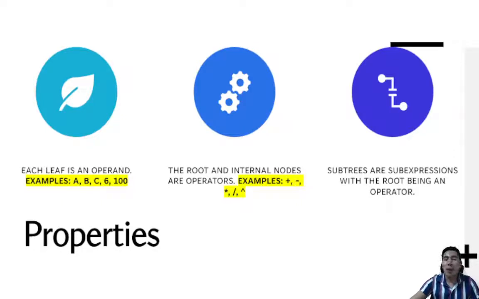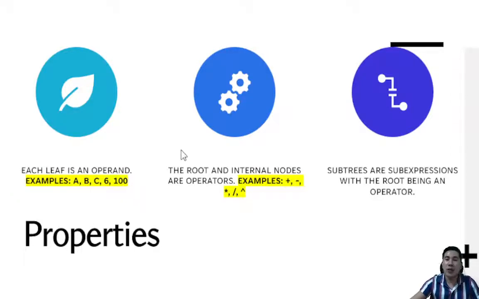Now, what are the properties of an expression tree? Again, I've already told you earlier that all leaves should be operands. Examples of operands are actual values or variables like A, B, C, then 6 and 100.